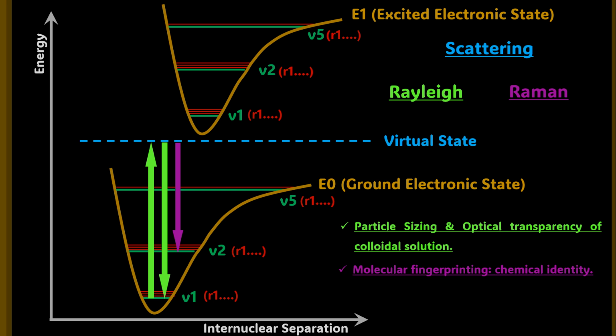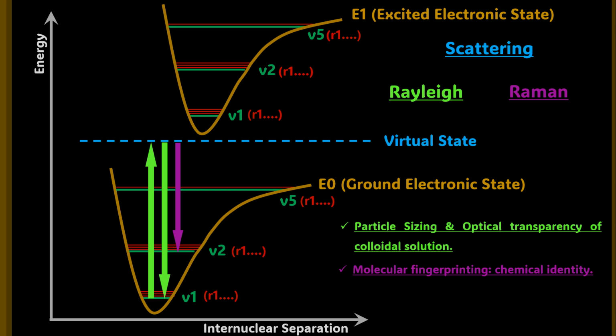But in case of scattering, there is no such requirement of matching the energy of the photon with that of the molecular energy level, because the photon is only used up in causing a change in the polarizability of the electron cloud and not in causing any change in the energy state of the molecule. And thus, whether the photon is higher in energy or lower in energy does not matter in case of scattering. What only matters is that the incoming photon should be able to cause a change in the polarizability in case of Raman scattering.